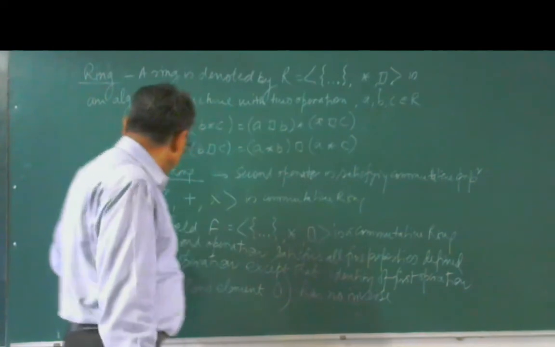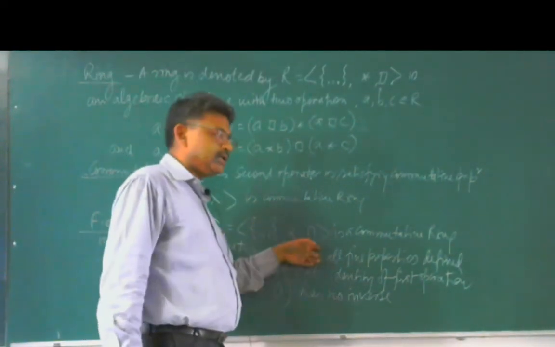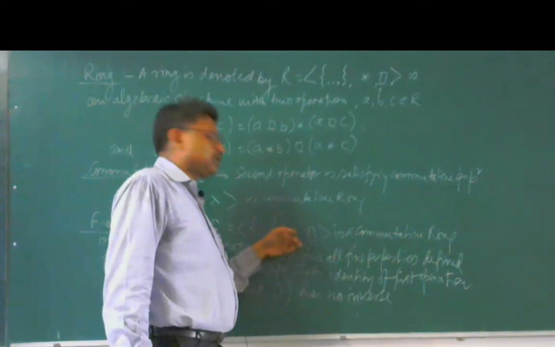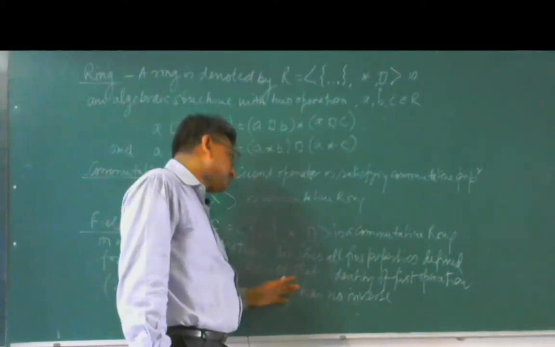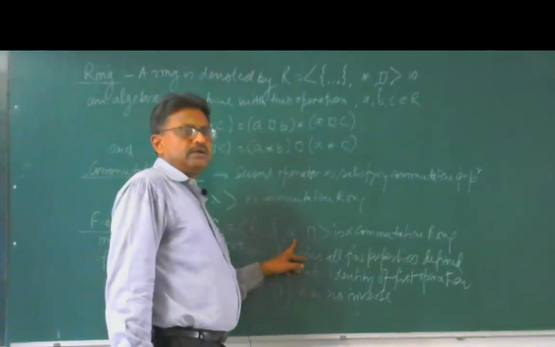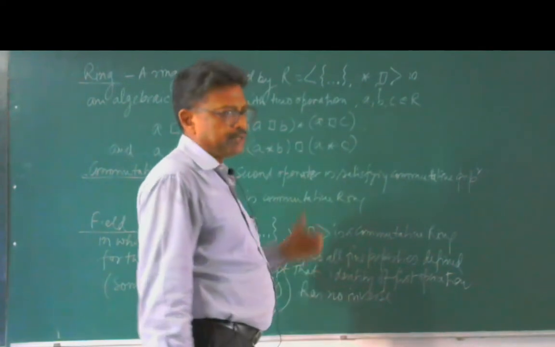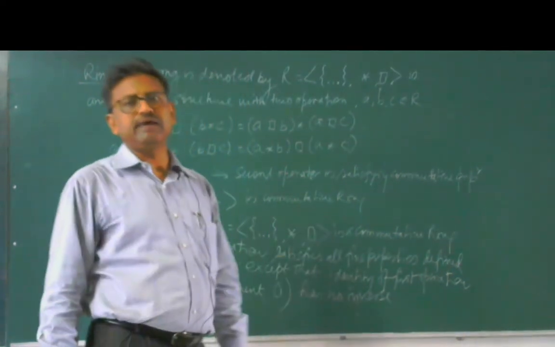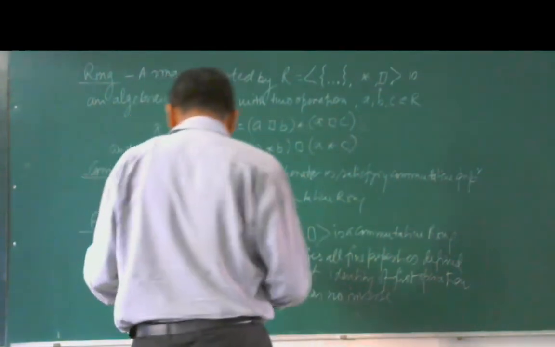The third algebraic structure is the field, in which we have one set and two operators, and both operators should satisfy all five properties, except that the identity element of the first operator may not have any inverse. So that is called a field.